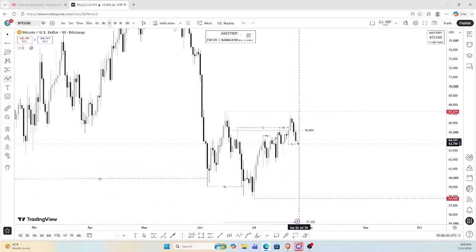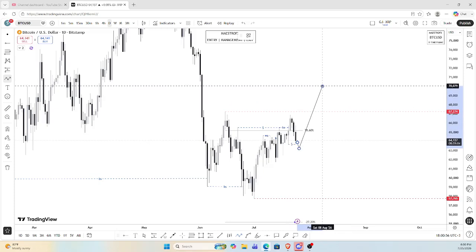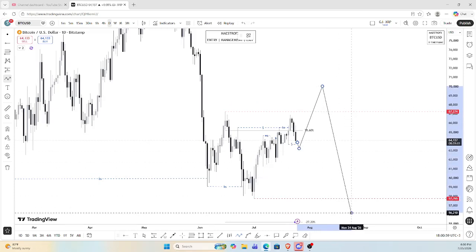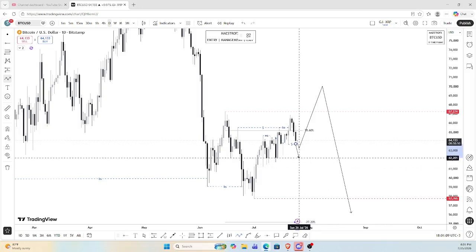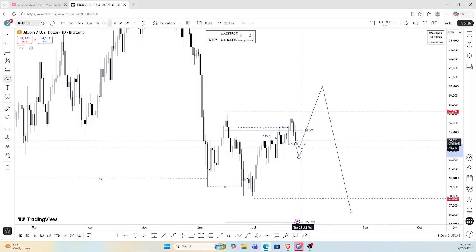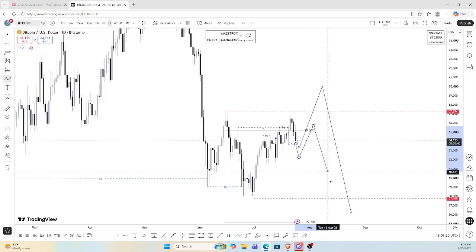And so price could print that high before pushing lower, or we can see price breaking the lower time frame trend to give us that short and very good entry points before we push this price lower.